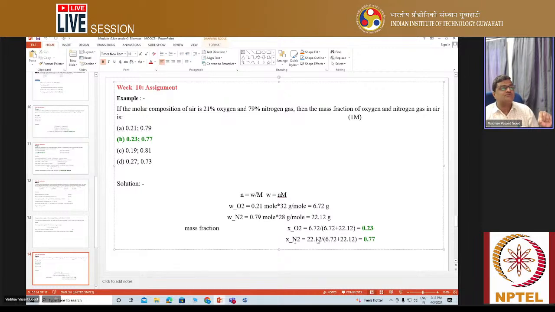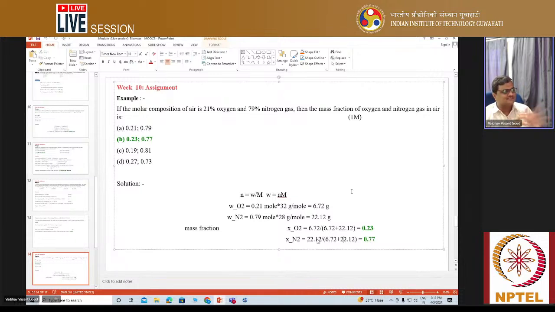And similarly for nitrogen, the total nitrogen in grams is divided by the total composition of the gas, that is oxygen plus nitrogen. So it gives you the nitrogen weight fraction, or you can say the mass fraction in the gas. That comes out to be around 0.77.